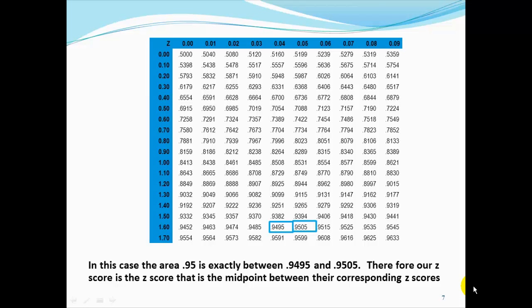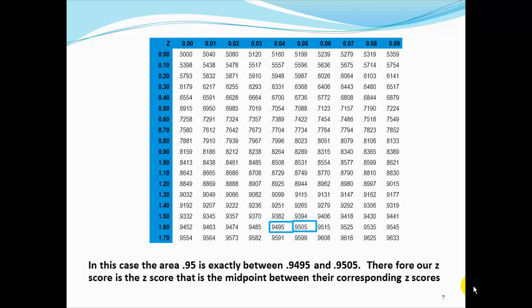For this case, we see that 0.95 is equally close to two different values listed on the table. 0.9495 and 0.9505 are both 0.0005 away. And so since we can't choose one value that is the closest to the area that we want, we see that the value that we want is exactly in between these two areas.